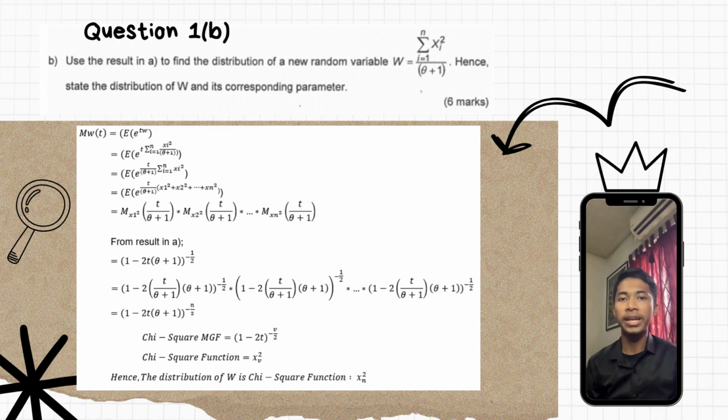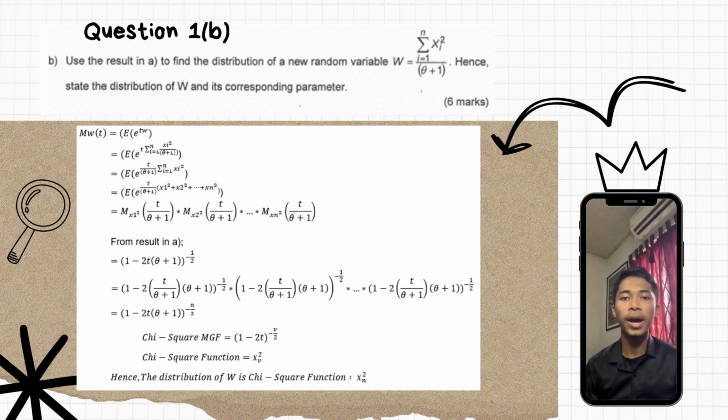Next, I will explain question B. Question B asks to use the result in A to find the distribution of a new random variable W equal to the summation of Xi squared over theta plus 1, and hence state the distribution of W and its corresponding parameters.